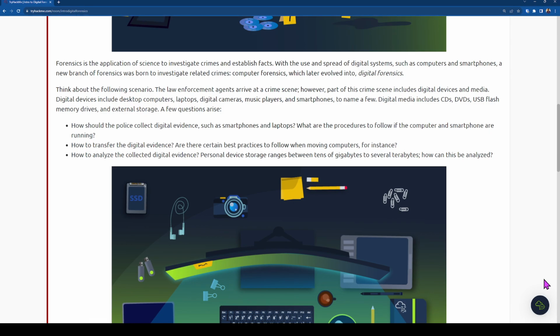Personal device storage ranges between tens of gigabytes to several terabytes. How can this be analyzed? And these are all very good questions because, depending on the sophistication of the person being investigated or the crime scene itself, some folks have their computers set so that if it's unplugged or tampered with, it's encrypted.